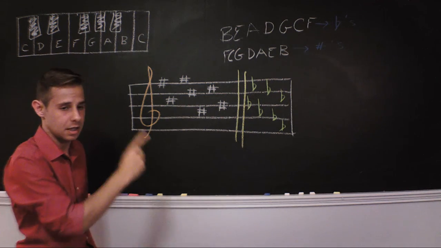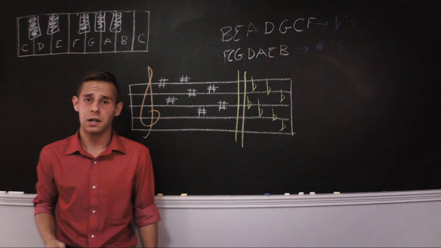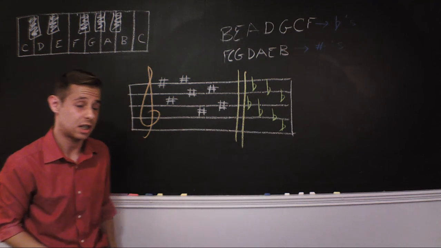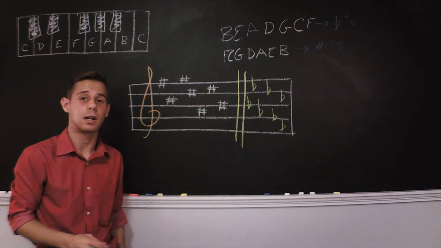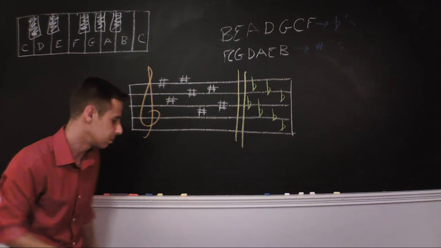Alright, so I think that's enough of this. Now we're going to move into how to construct the minor scales. And there are 3, the natural minor, the harmonic minor, and the melodic minor.